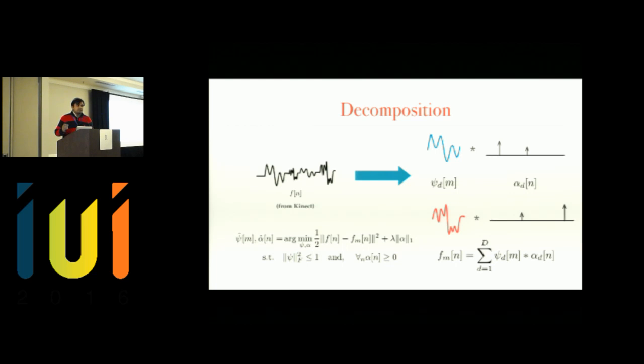F is the signal that we get from the Kinect, and Fm is the corresponding model. We minimize the error between these two, but making sure that alpha is sparse. We also minimize the L1 norm of alpha to enforce the sparsity. We do this sparse constraint to make sure that the patterns are actually the original patterns, not just a combination of multiple different patterns.